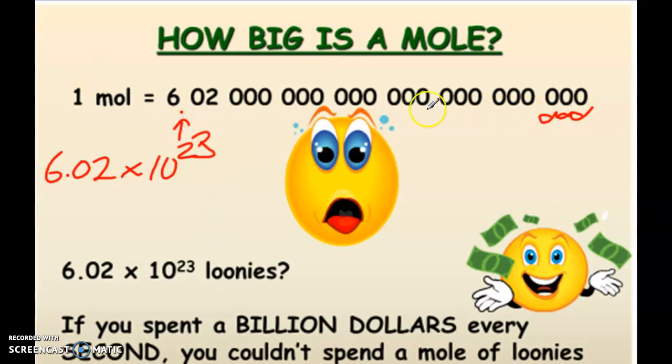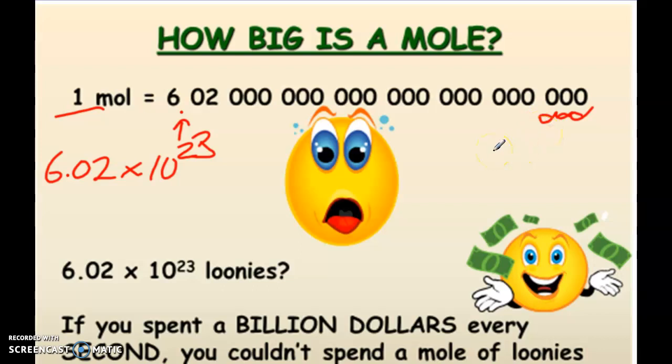So this is a huge, huge number. But why is it so huge? Because atoms and molecules and particles and compounds, they're all very, very small. Remember, 1 teaspoon of sugar can have so many molecules. So when we're talking about its weight, isn't it way easier just to say the number 1, right? Instead of this huge number.